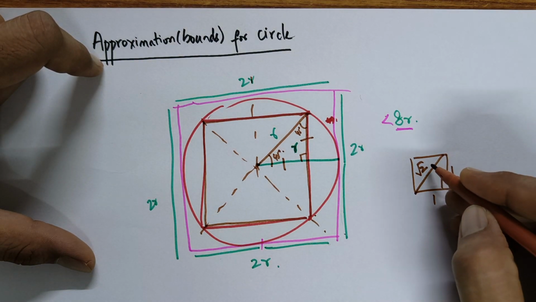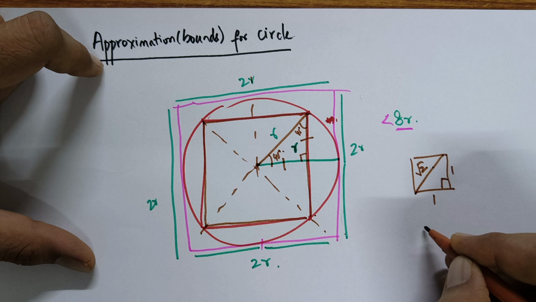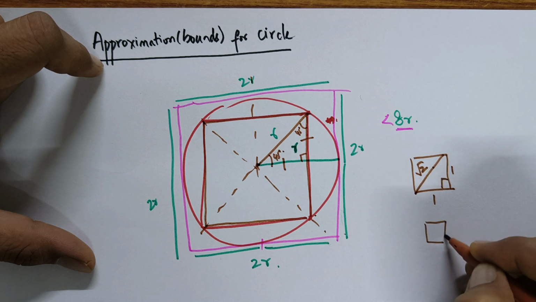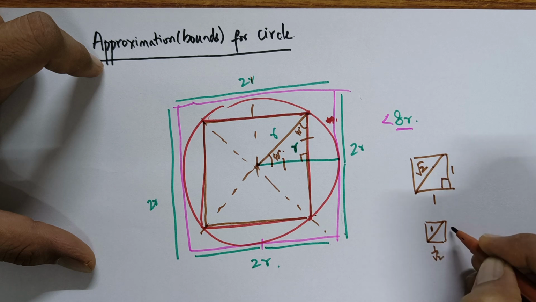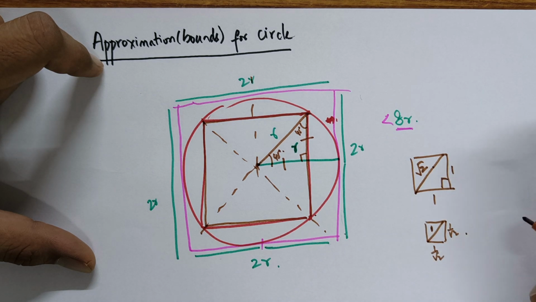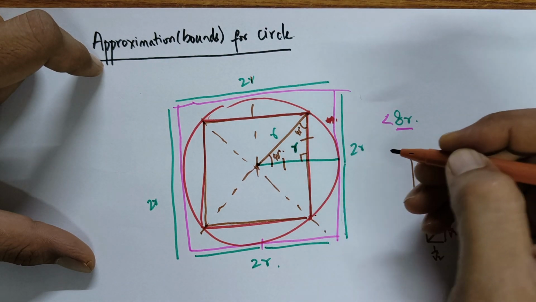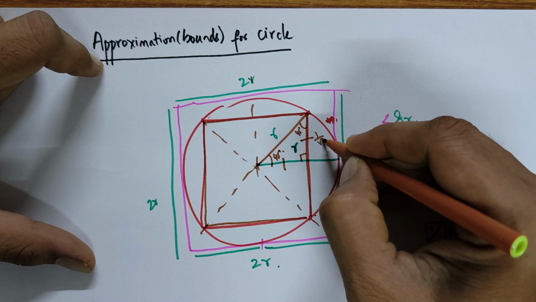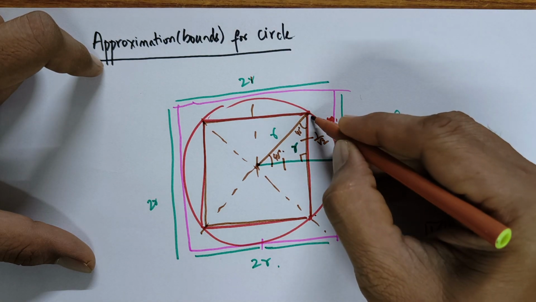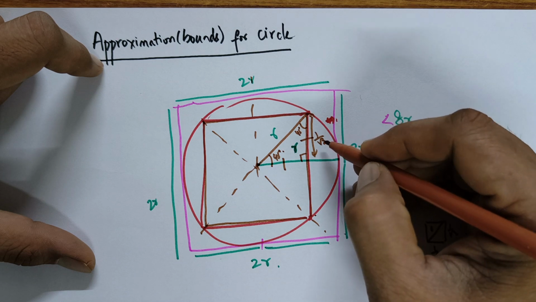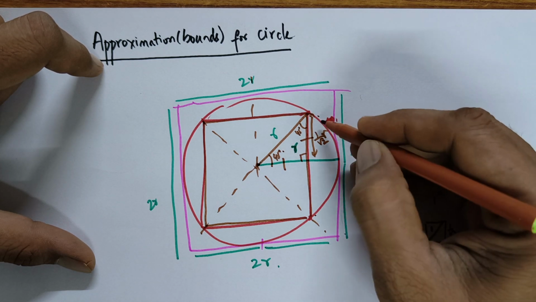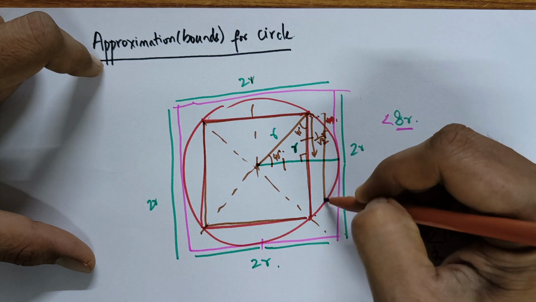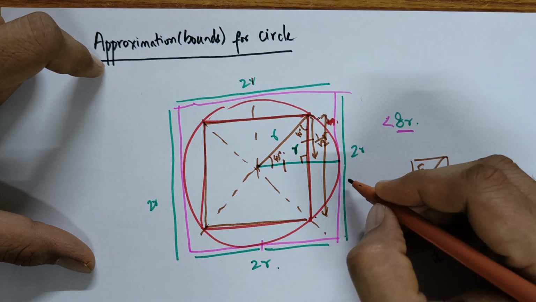And so if I want this to become 1, I have a square in which this is 1, then each of these has to be divided by root 2. So basically this length is 1 over root 2 of r, from here to here. So this full length from here to here is 2 times that.